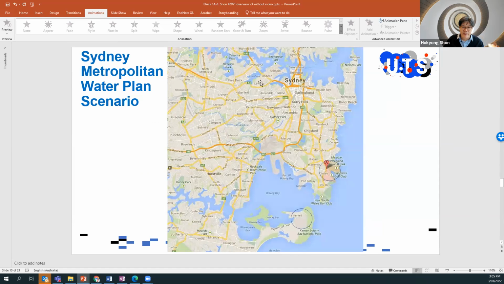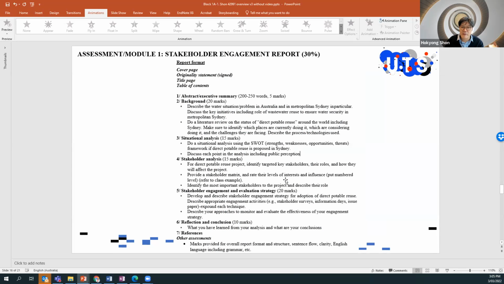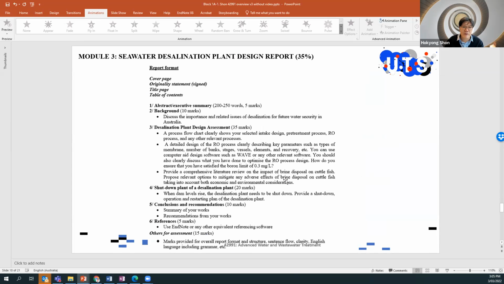This is our assessment scenario. We already mentioned the wastewater recycling plant design at the Malabar wastewater treatment plant, the seawater desalination plant, and community engagement. That's the scenario we covered a few minutes ago.